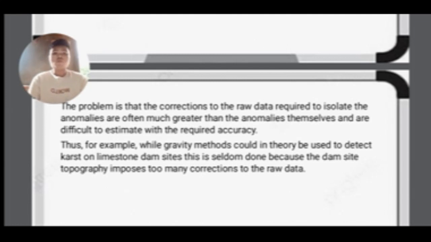Thus, for example, while gravity methods could in theory be used to detect karst on limestone dam sites, this is seldom done because the dam site topography imposes too many corrections of the raw data.